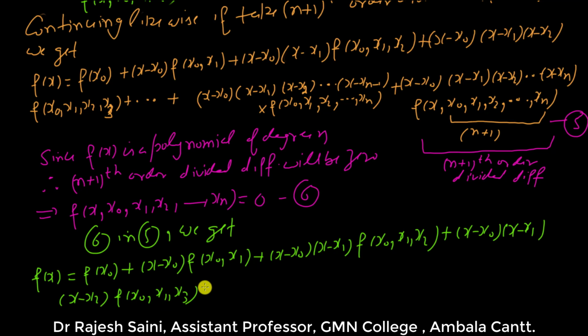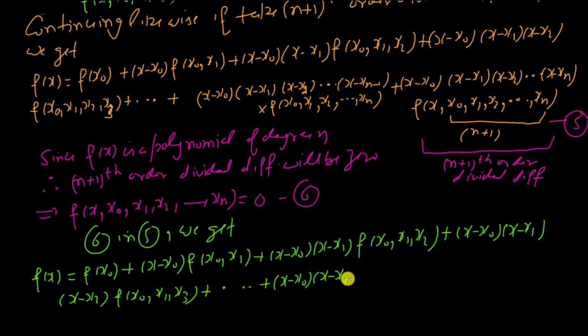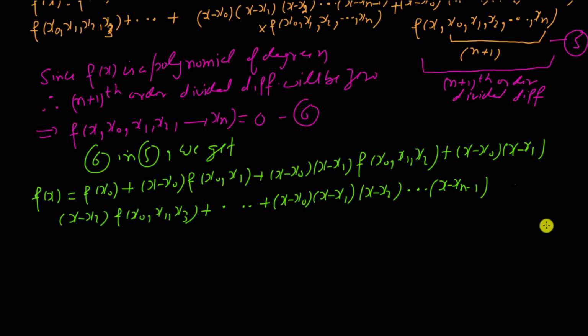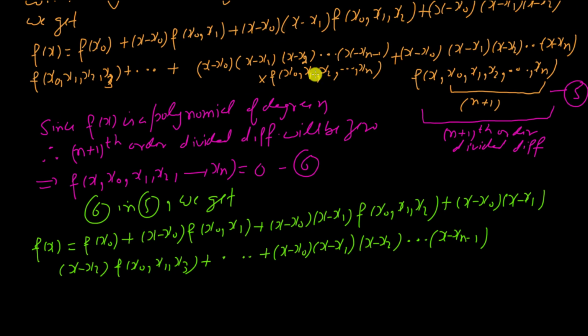Okay, fine. Plus it will go on something like this, and the rest would become 0, so this will be the last term, and it will be x minus x naught, x minus x1, x minus x2 up to x minus xn minus 1, and it will be f of x naught, x1, x2, xn.